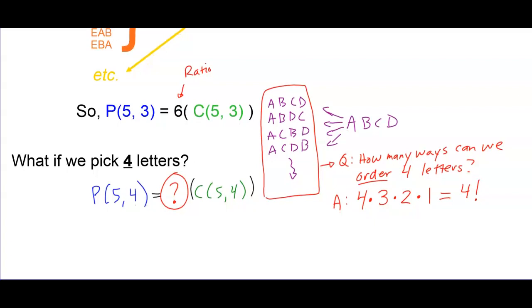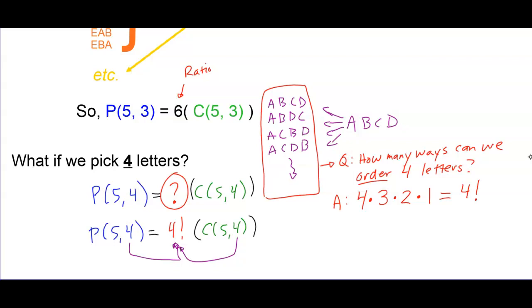So the relationship between P54 and C54 is a ratio of 4 factorial to 1. And you can probably already guess that whatever this number is, that's going to be the factorial that goes in the middle. And you're right.